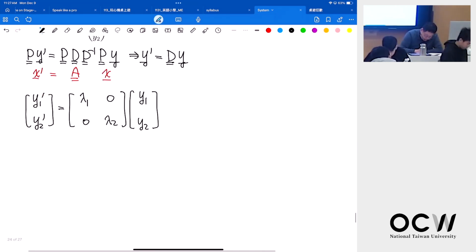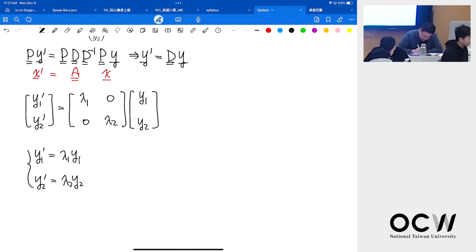Then y1 prime equals lambda 1 y1, y2 prime equals lambda 2 y2. So y1 equals c1 e to the lambda 1t, and y2 equals c2 e to the lambda 2t.